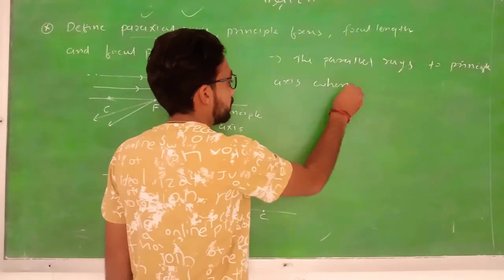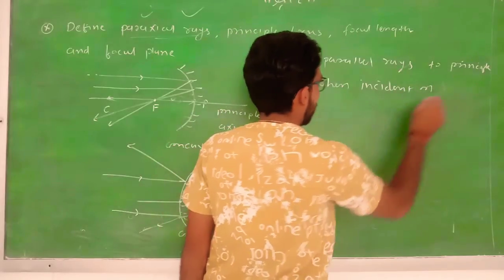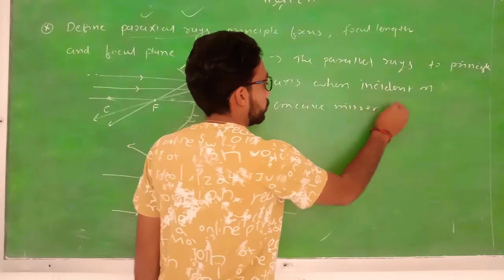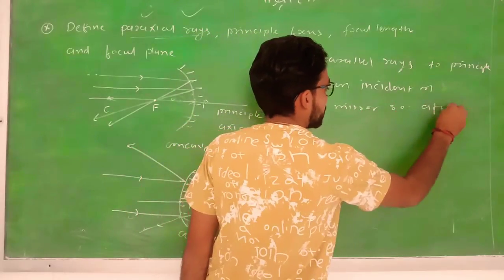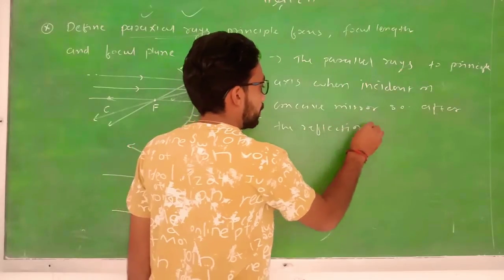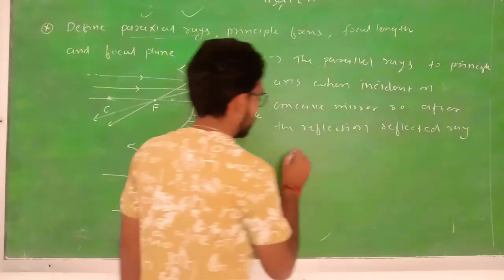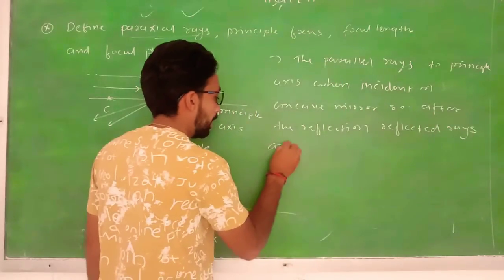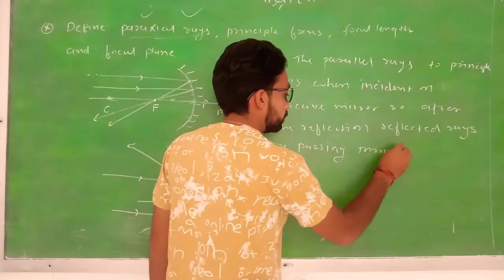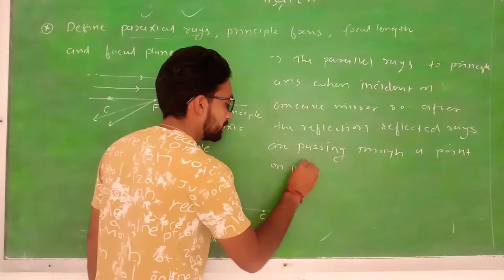When an incident ray falls on a concave mirror, after the reflection, the reflected rays are passing through a point on the principal axis.